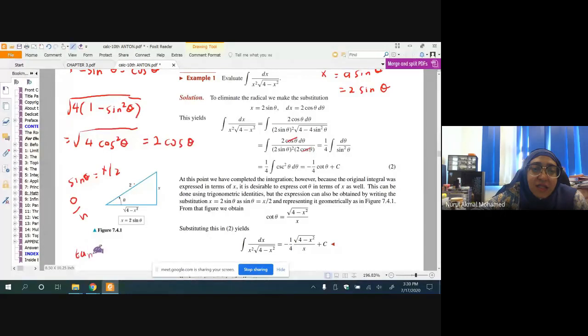For tangent theta, the formula is opposite divided by adjacent. So for cotangent, it will be the opposite of this: adjacent divided by opposite.